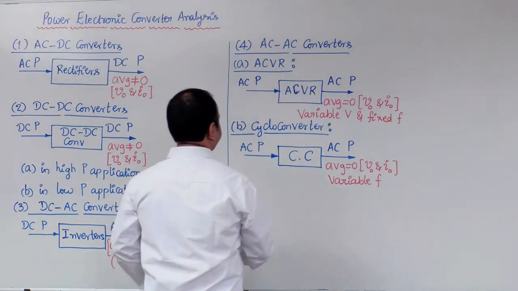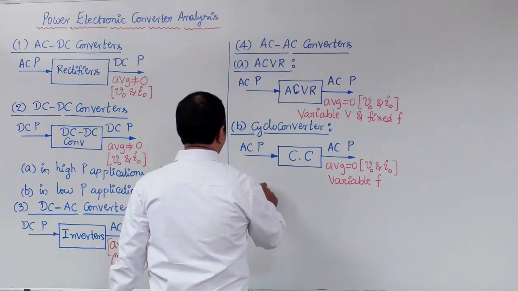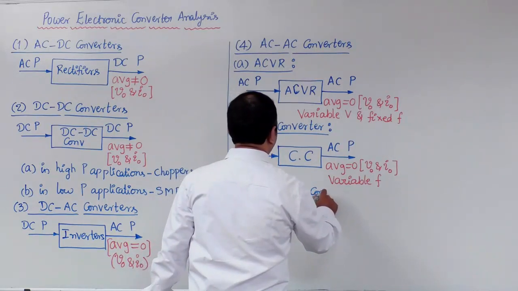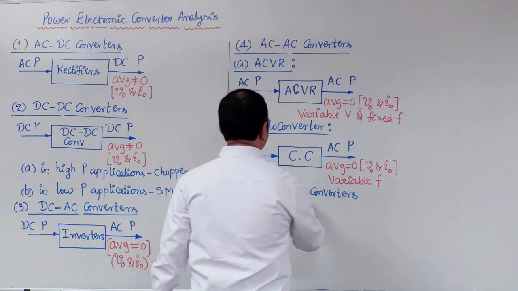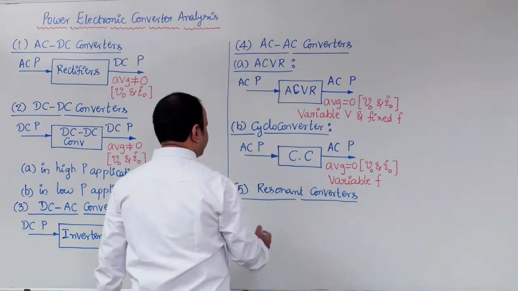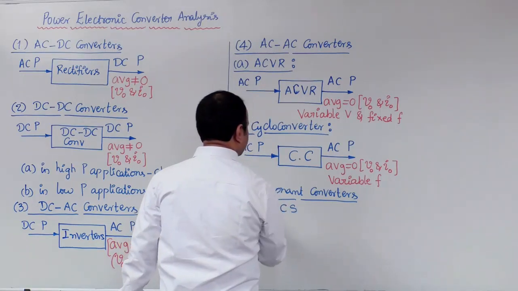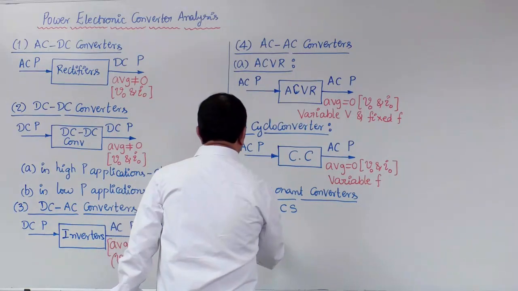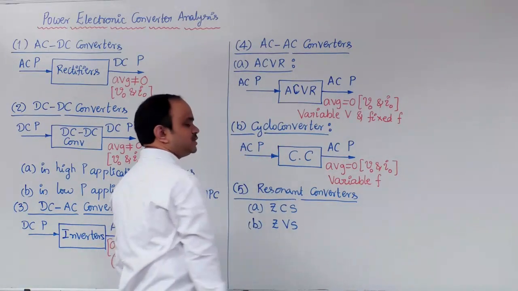Okay. Next, the fifth category is resonant converters. Basically, in resonant converters there are two types: ZCS, full form zero current switching, and ZVS, zero voltage switching.